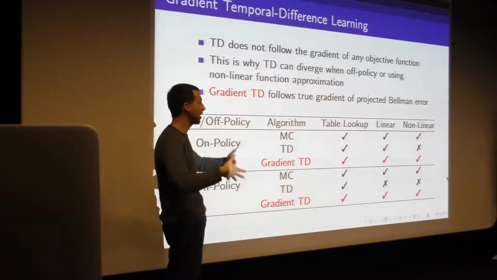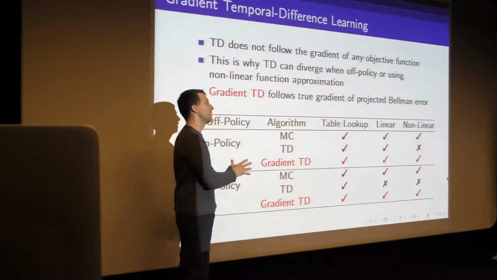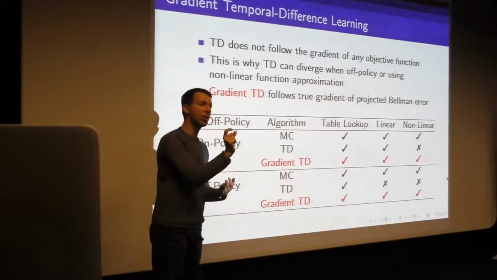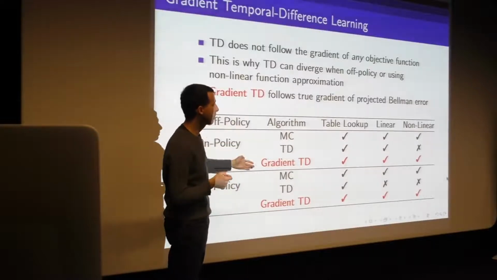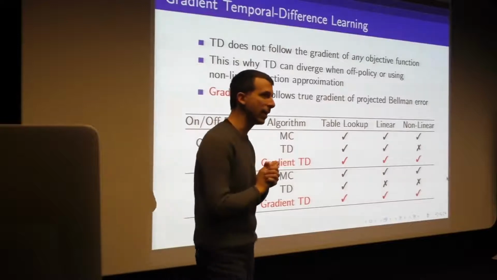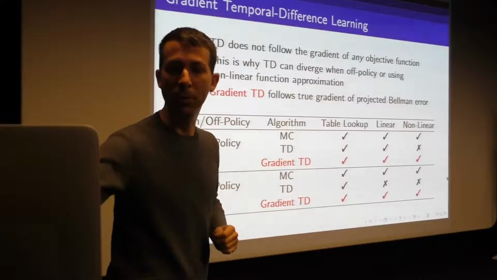That's a particular objective function, it follows a true gradient. I don't want to get into the details now, but you can look it up. And so it is possible, with just a small correction term, that you basically end up with the same update with one more correction term, and it fixes the problems that we see with TD learning. So you can get convergence, but you have to just be a little more careful with TD.